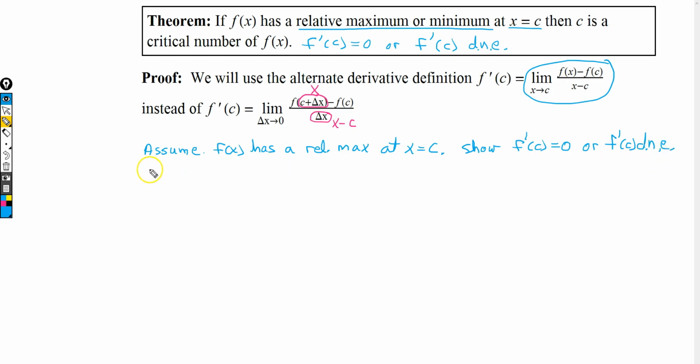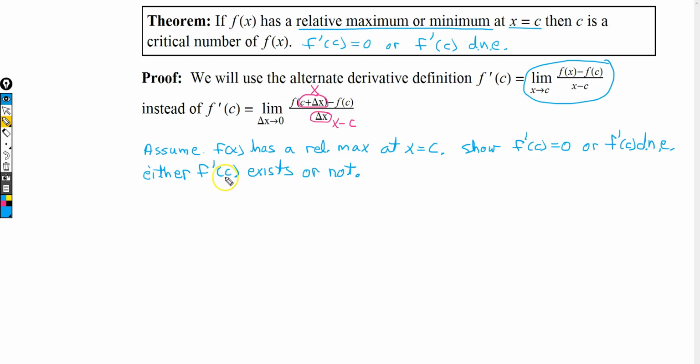Now we have two cases. If f of x has a relative maximum at x equaling c, then if you're given a function, really this is true at any point: either your derivative is going to exist at that point or it's not going to exist.